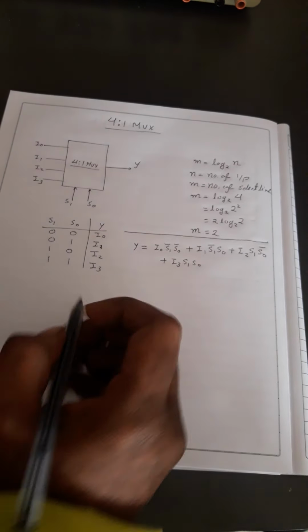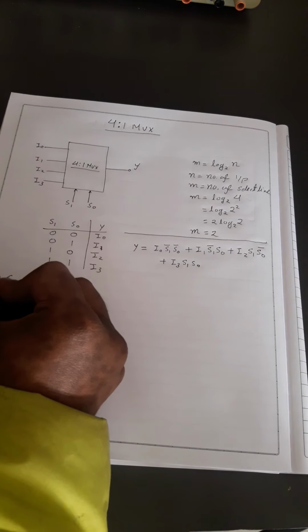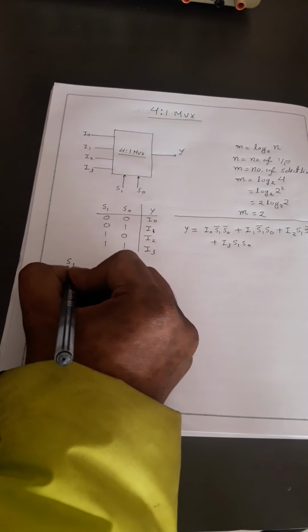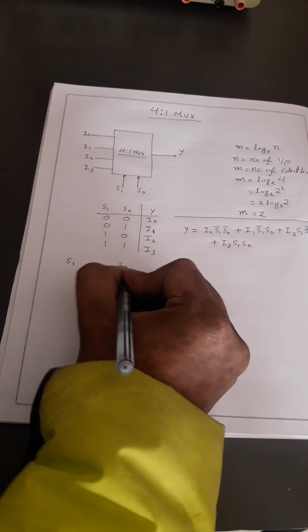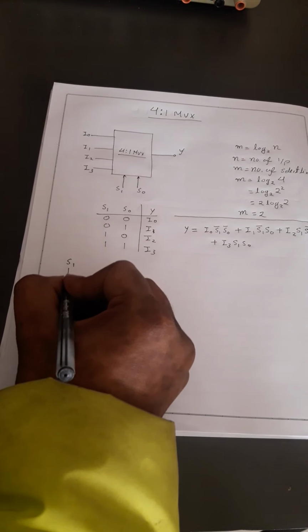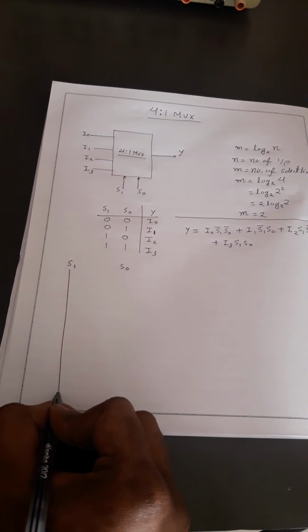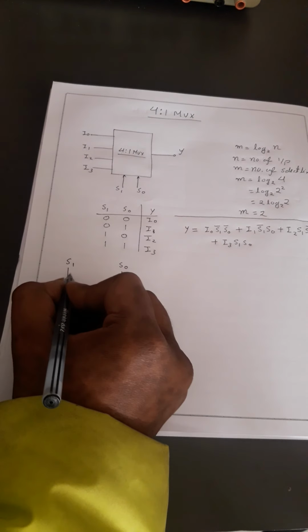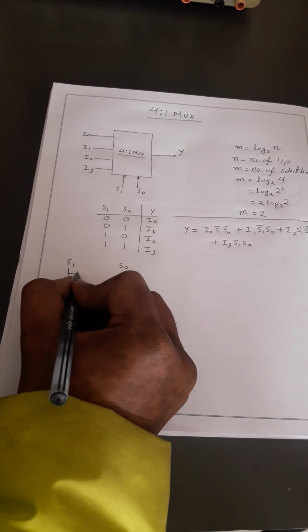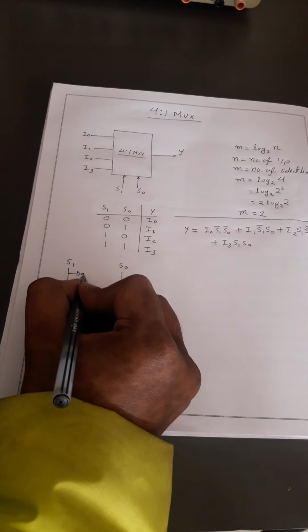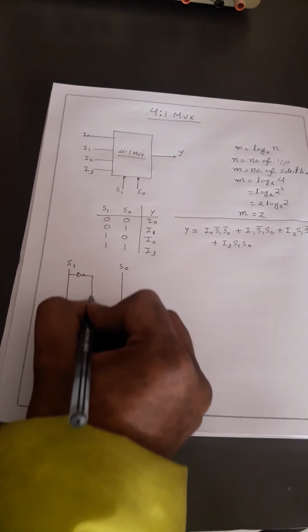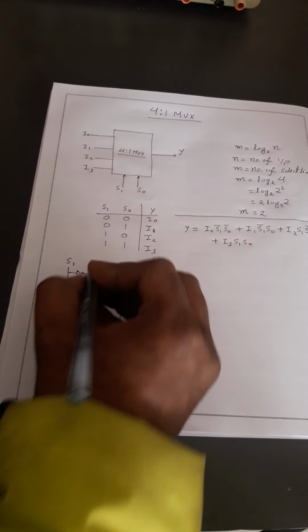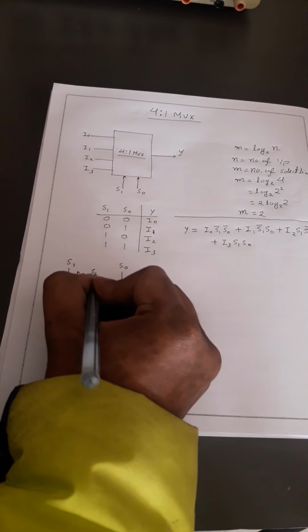Now let's build the circuit diagram. We have two select lines, S1 and S0. Let's take S1 this line and S0 this line. There will be bars, so let's place a NOT gate over here, and this is S1 bar.